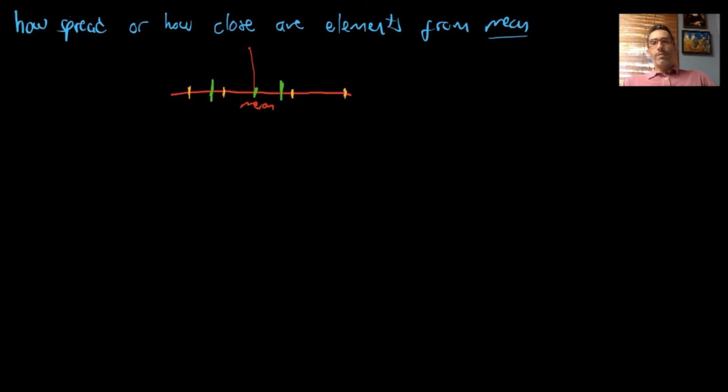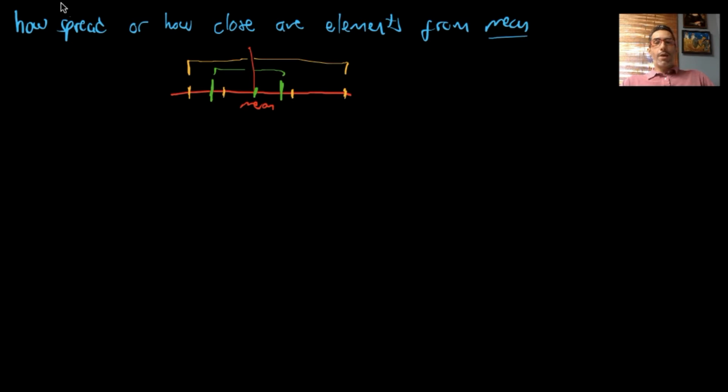What we need to analyze is how spread, how far or how close the elements are from the mean. Check out the elements in yellow are like from here to the mean, from here to the mean. The ones in green will be like from here to the mean and from here to the mean. Now, which standard deviation is greater, the one of the yellow elements or the one of the green elements?